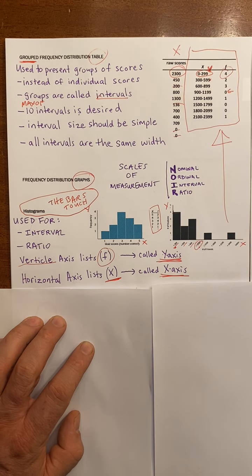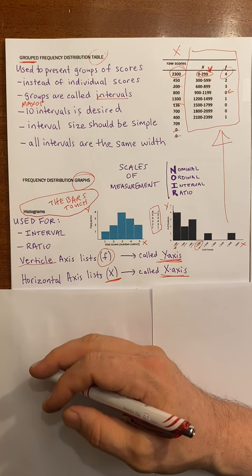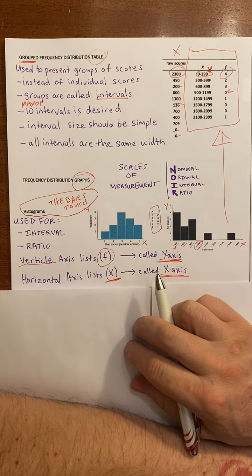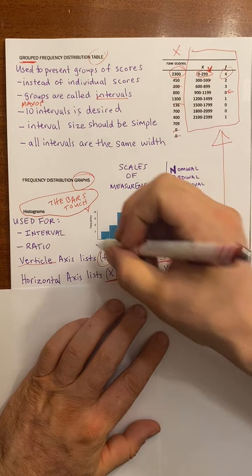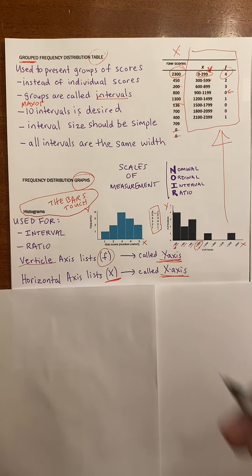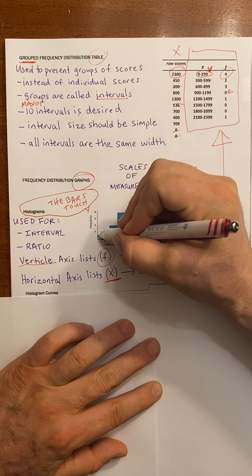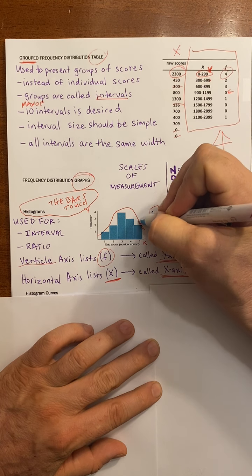Another point that I need to make is that one thing researchers like to do with their data when they've come up with a histogram is draw a line that hugs the bars to see if there's a pattern that the bars are making. For instance, here, when I draw my line, it would look something like this.